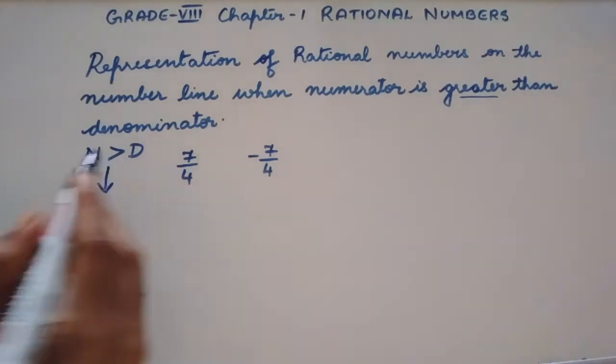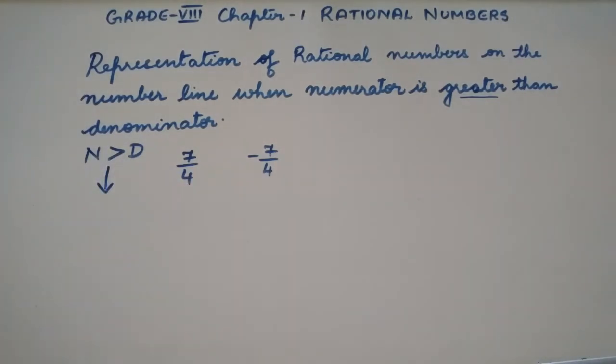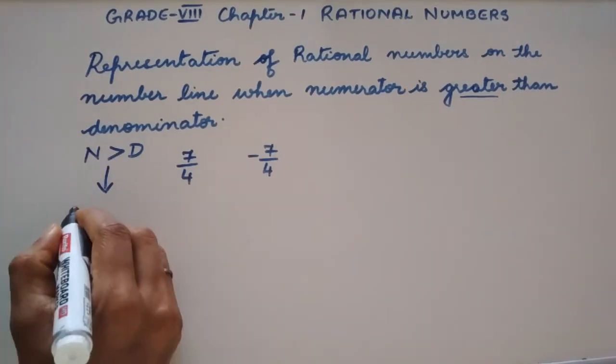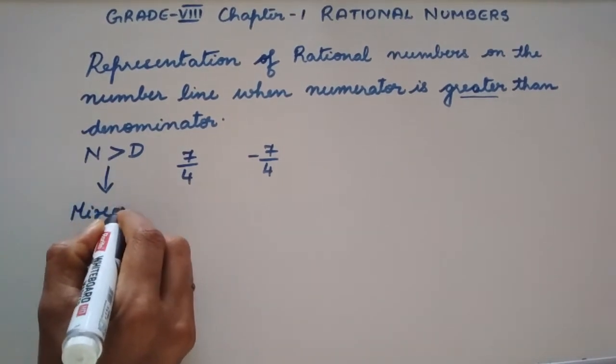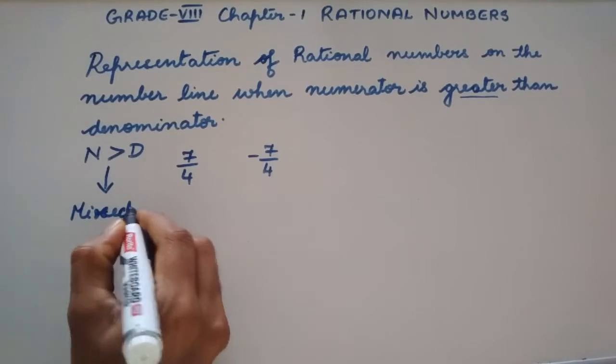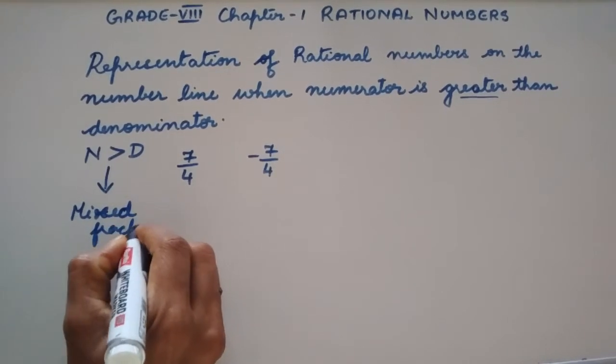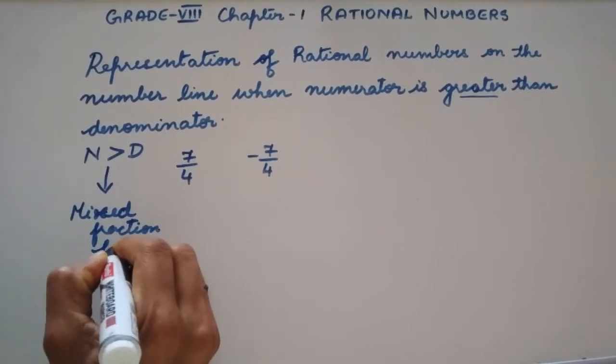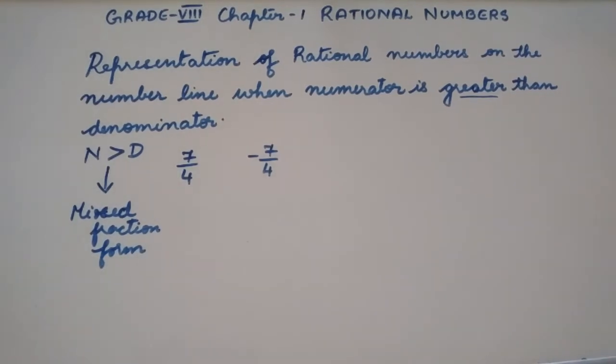That is, when the numerator is greater than the denominator, we need to convert the rational number into mixed fraction form. So how to convert 7 by 4 into mixed fraction form?